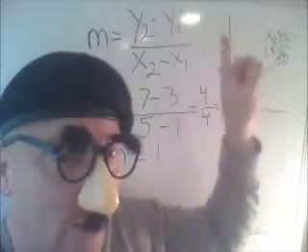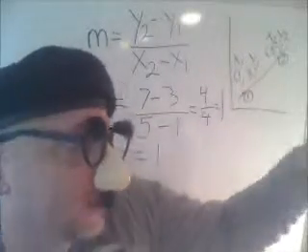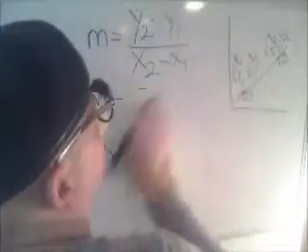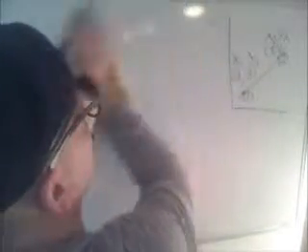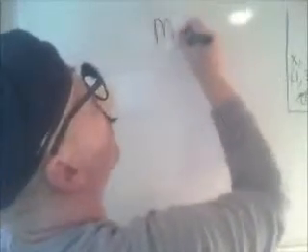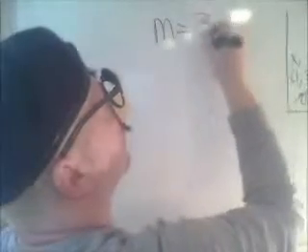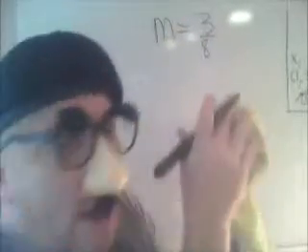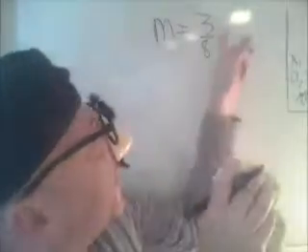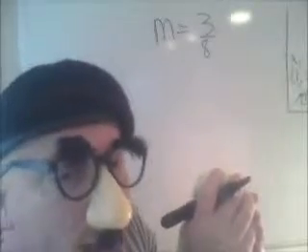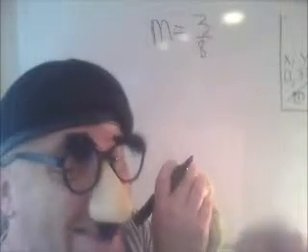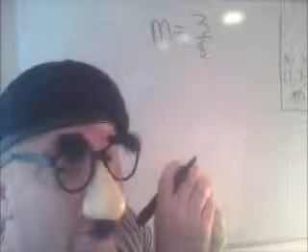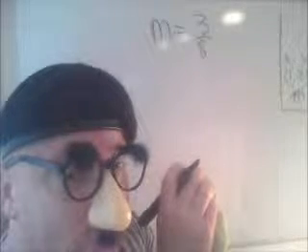Up 1 on y, over 1 on x. Let's look at others. If, for example, m were to equal 3/8, that would mean that for every 3 steps on the y-axis that we went up, we would go 8 steps on the x-axis. Okay?